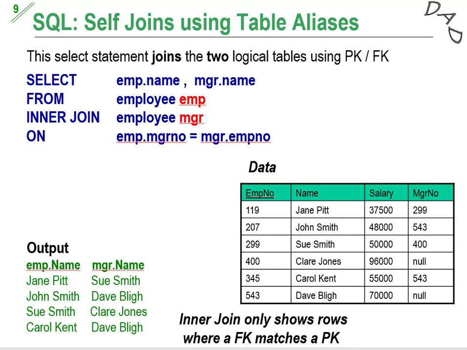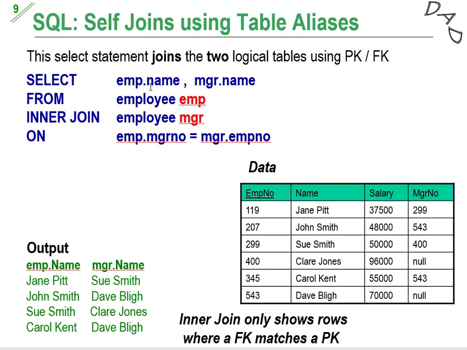So this is how we implement it in a select statement. In this select statement, we have a join or inner join with two logical tables using the primary key and the foreign key. So here I am selecting the employee names and the manager names. So I need a report something like this: all the employee names and all the managers who are managing these employees. So I can run a select statement something like this.